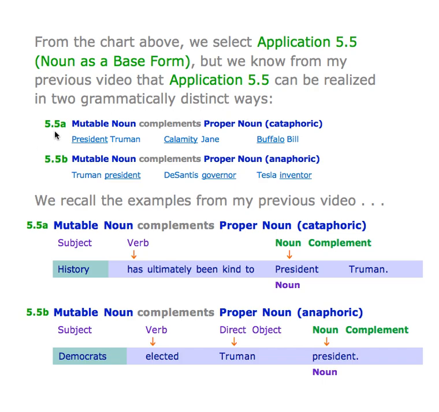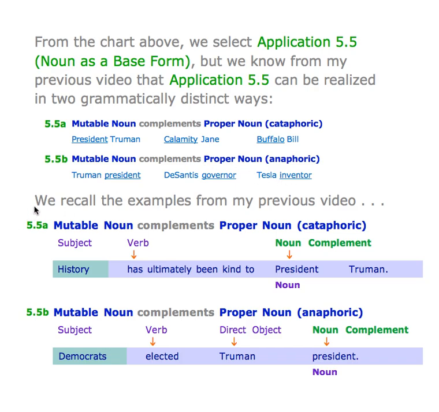So we saw that 5.5a, mutable noun complements proper noun cataphoric, is one way, and 5.5b, mutable noun complements proper noun anaphoric, in other words, it's complementing backwards, is another distinct way. So here you have your complement, complementing in the forward direction, and here you have your complement complementing backwards. Okay, we talked about that.